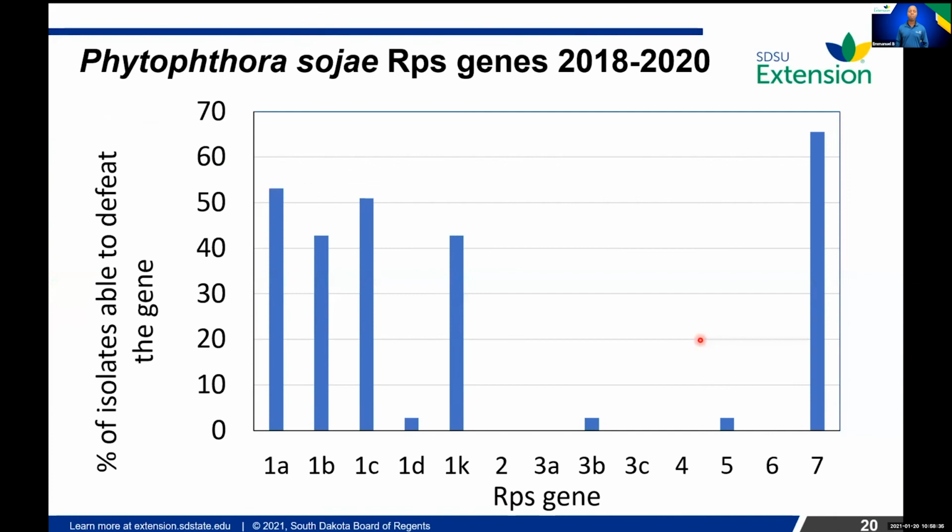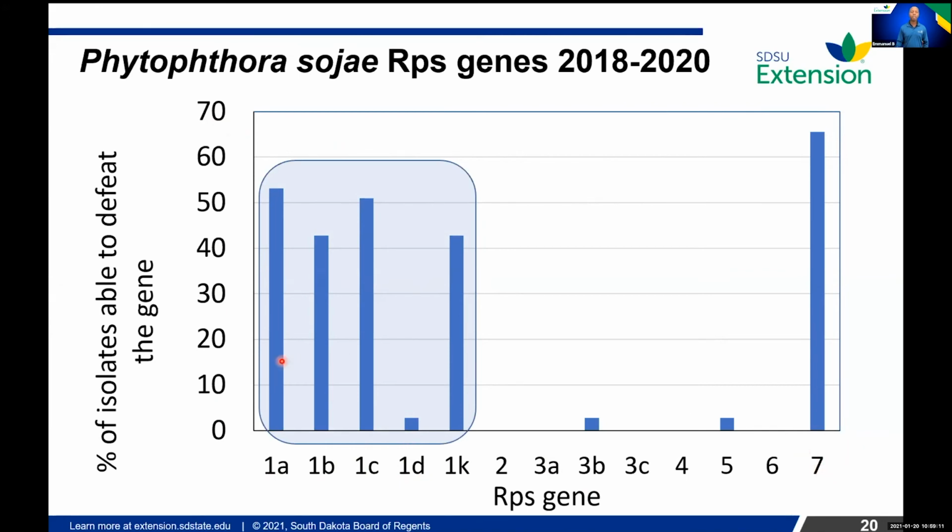And when it comes to management, definitely using varieties with RPS genes is going to be very, very crucial in controlling Phytophthora. One thing I wanted to mention is that on this graph, we're showing the frequency of isolates that defeated the RPS genes in a soybean variety. These are isolates collected in the past few years. You can see that the majority of the isolates are going to defeat the RPS 1A, 1B, 1C, and 1K, and also RPS 7.